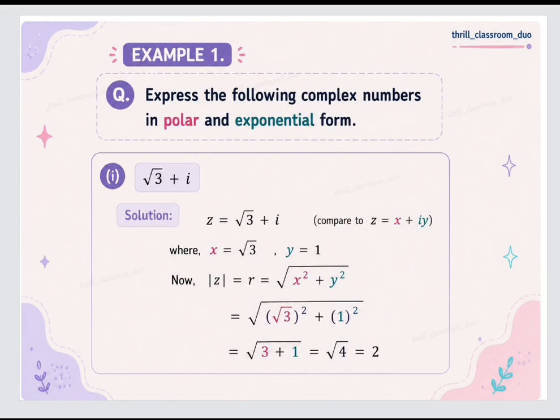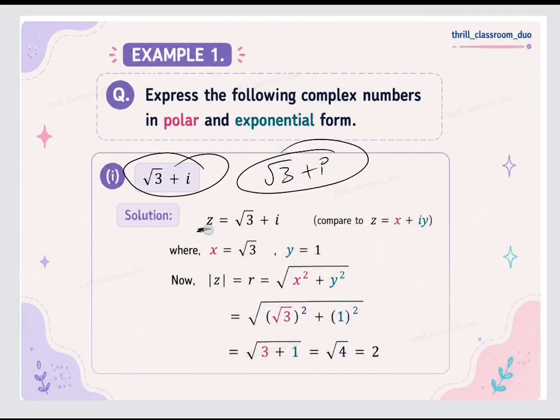Let's solve one example. Express the following complex numbers in polar and exponential form. For example, if my complex number is root 3 plus i, which means z is equal to root 3 plus i, you can compare to the standard form of complex number where x is root 3 and y is 1.